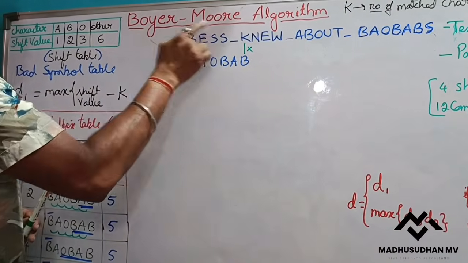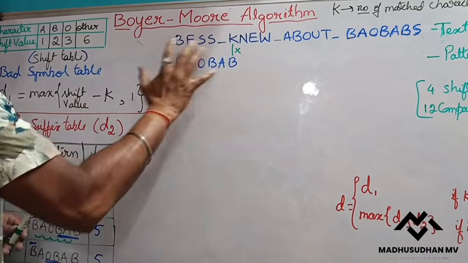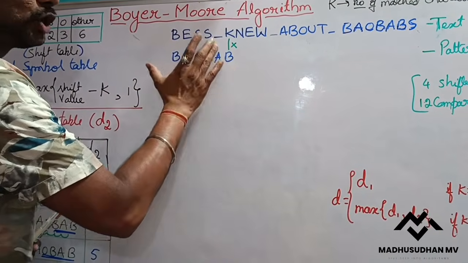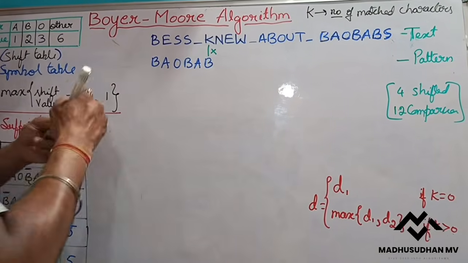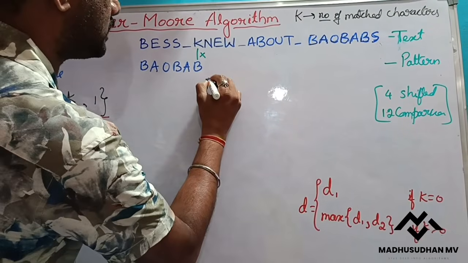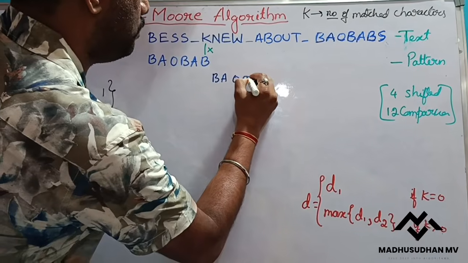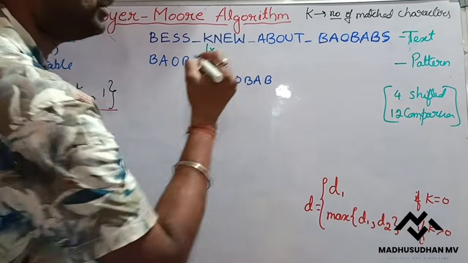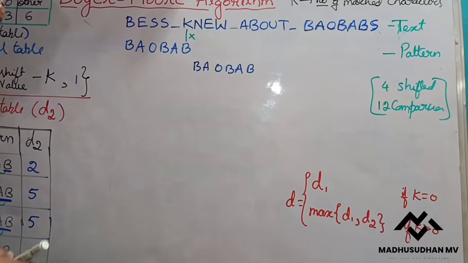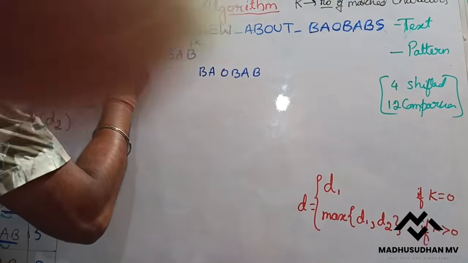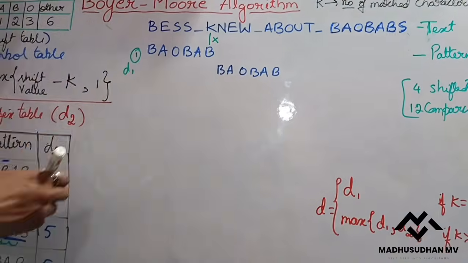Check the shift value of the mismatched character. It is false in others, so it is not there. So shift the pattern towards its right by the pattern length. What is the pattern length? 6. Shift by 6 positions. Okay, 6: B A O B A B. Now I shifted here. So now see, this is the first case. In the first case I shifted by D1.